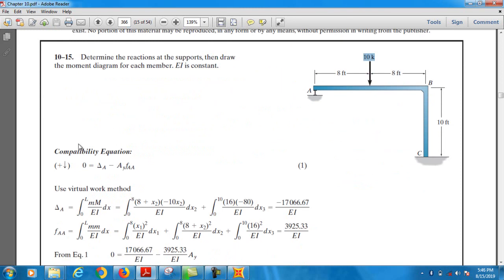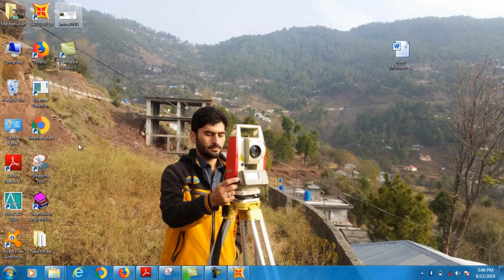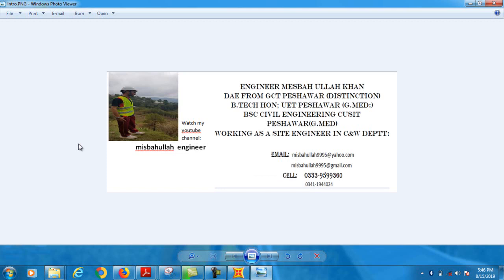So I think I'm done here, and now it is your turn to practice on it. I will select another interesting example from this book. This is chapter number 10 of R.C. Hibbeler 8th edition, and there are many other examples, you need to select them and analyze them.